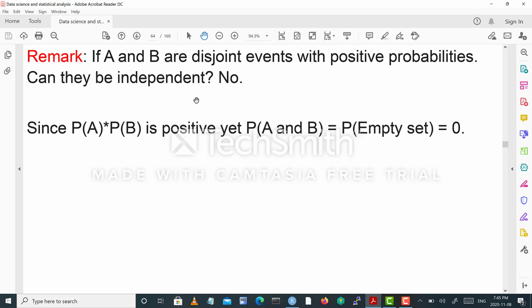Remark: if A and B are disjoint events with positive probabilities, can they be independent?